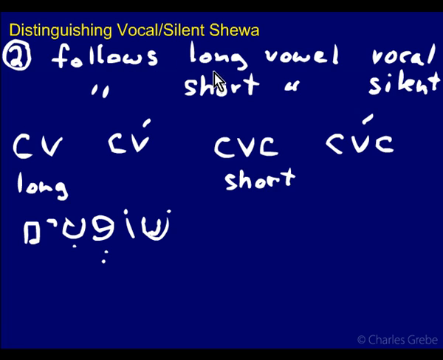If a Shewa follows a long vowel, it's vocal. Or if it follows a short, it's silent. Now what do we have here? It's following a vowel. Okay, sure enough. And what is that? Holon vav is certainly long. So if it follows a long vowel, it's vocal. So this is vocal, so we pronounce it. So we'd say this something like shofatim. We would not say shoftim. We would not make this silent and say shoftim, but shofatim.